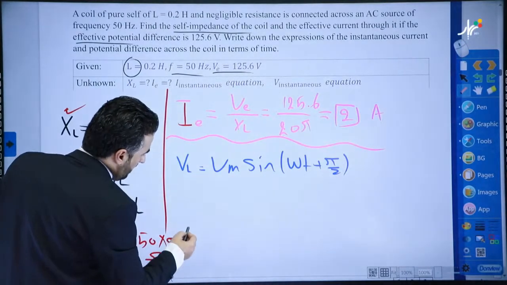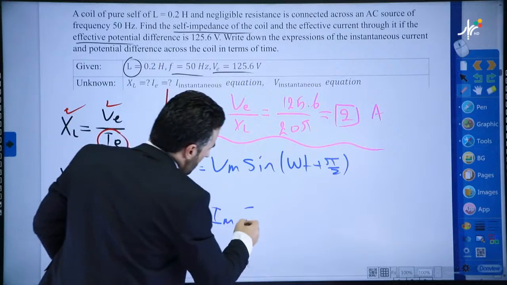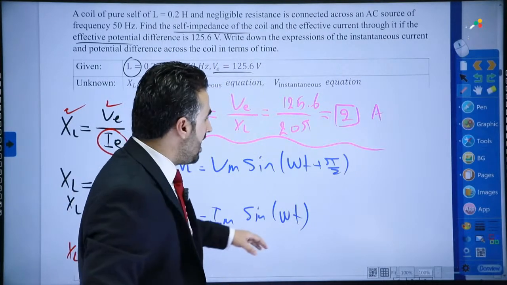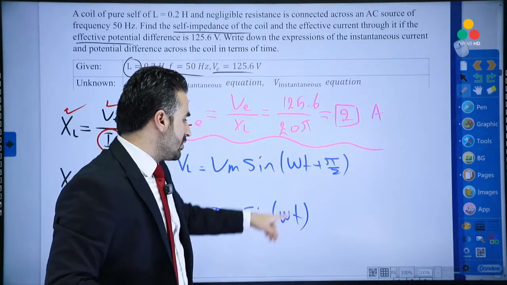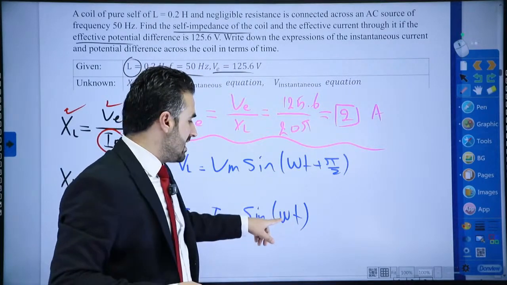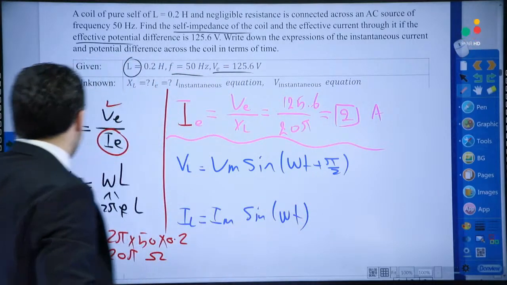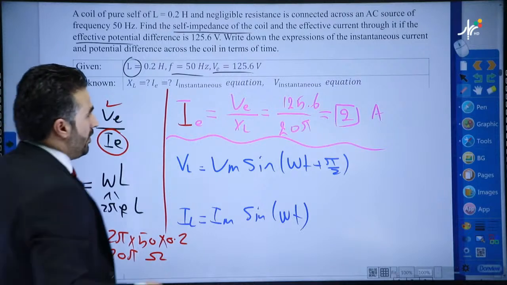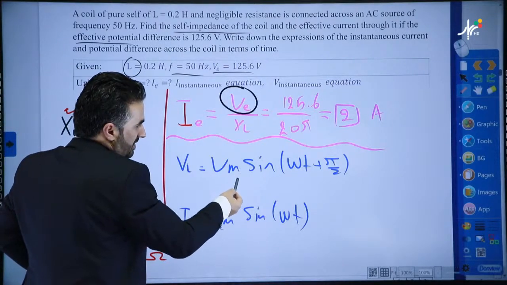As for the current I sub L, it equals to I max sine omega t, but for the current you will have to say omega t minus pi over 2. But I think this way is good enough at this point. But look, what I have is the V effective, not V max, as you can see here.